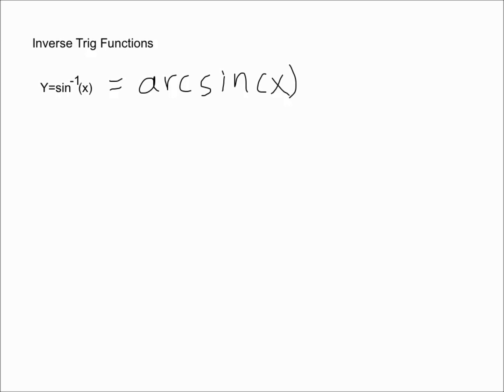So the way you differentiate an inverse trig function is the following. The first thing you want to do is say that x is equal to the sine of y, which is going to be a conversion we'll use later. So I'll underline it with red.